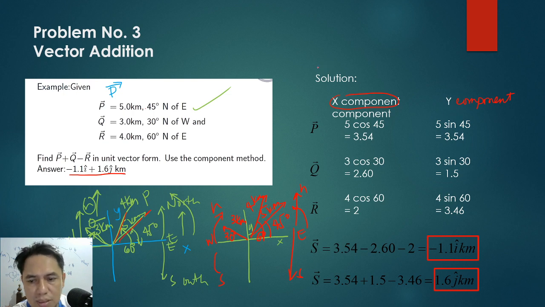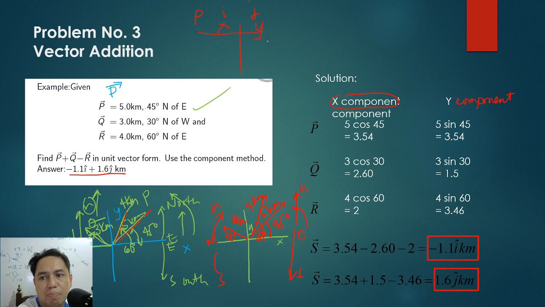So let me use this space above so that we will understand. So for the P components, we have X and Y, which basically X is the i and Y represents the j, right? In vector form.